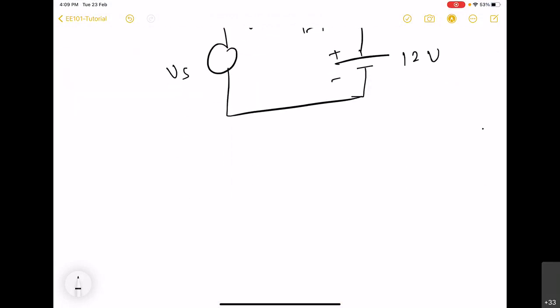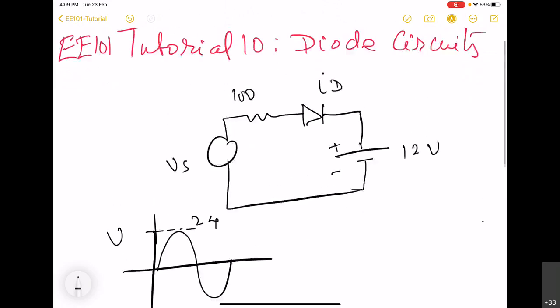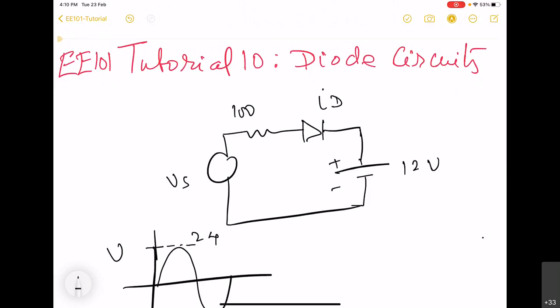So here, this Vs is a sinusoid with amplitude equal to 24. In the first half, this end will become positive and this end is negative. So the diode will experience a forward bias voltage in the direction of the diode.